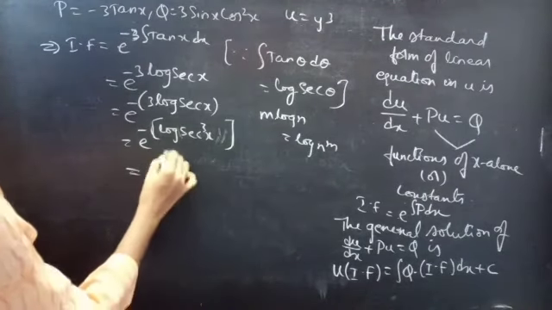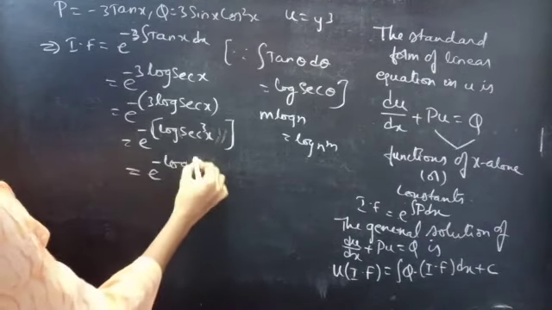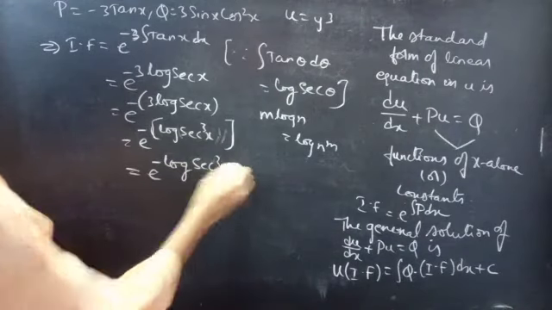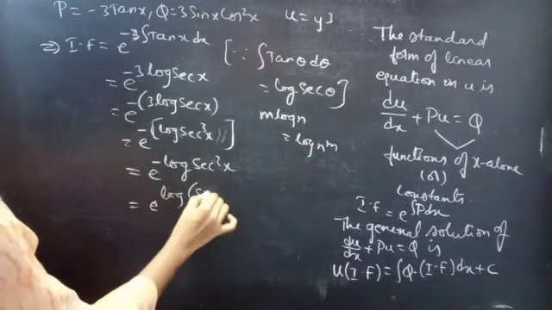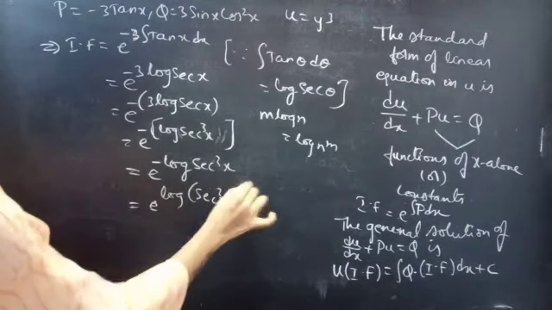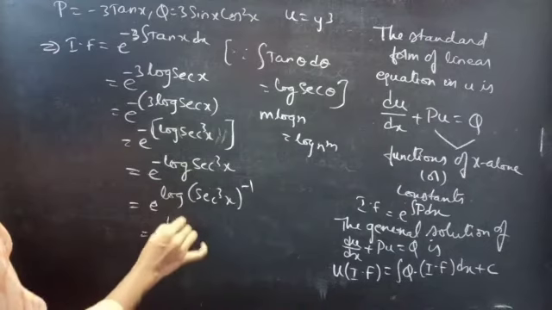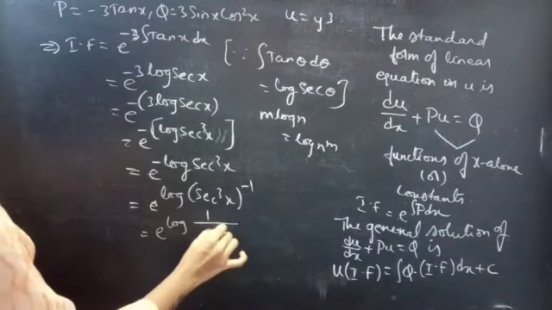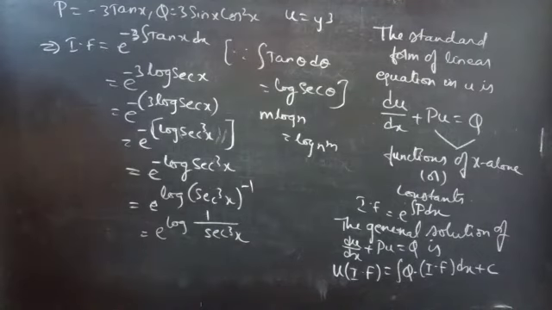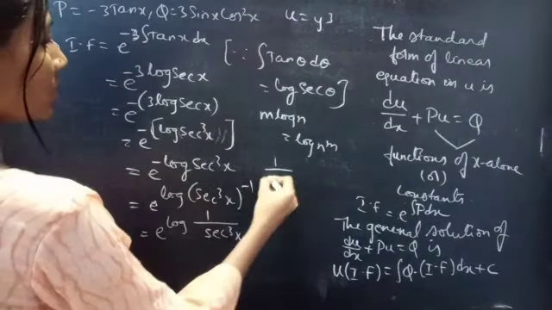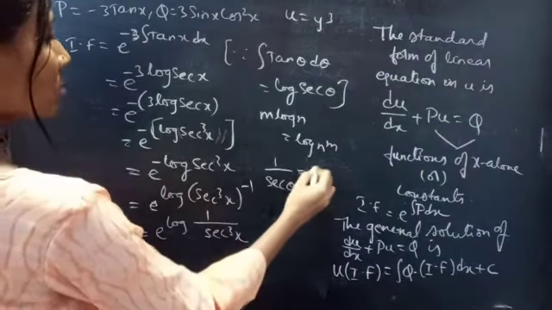Now we have e power minus log secant cube x, which equals e power log of secant cube x whole inverse, that is, the reciprocal of secant cube x. We know that the reciprocal of secant theta is cos theta.